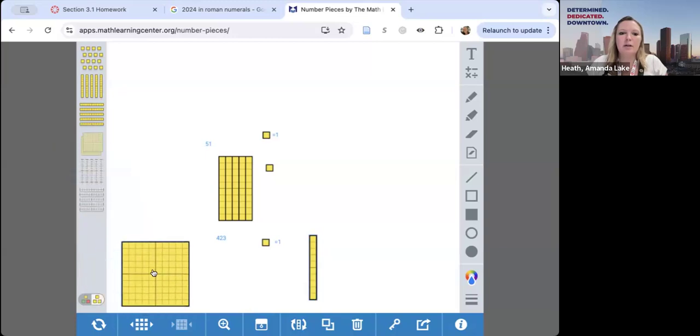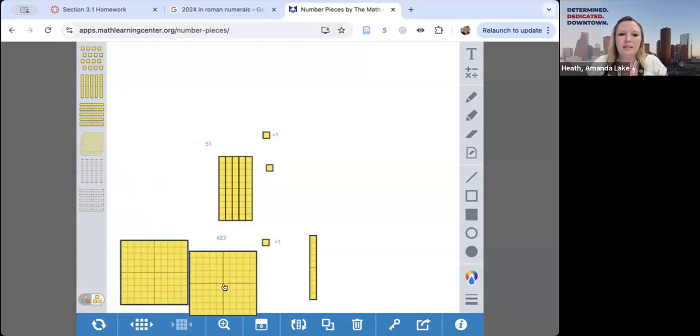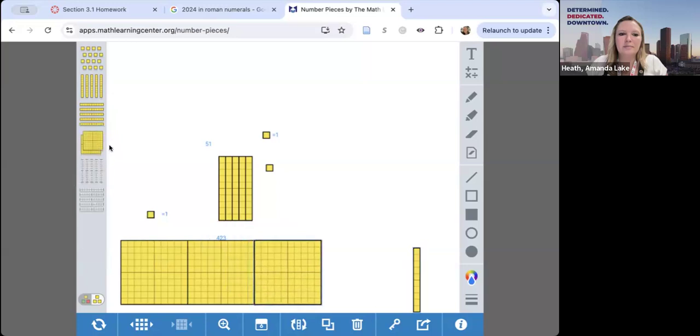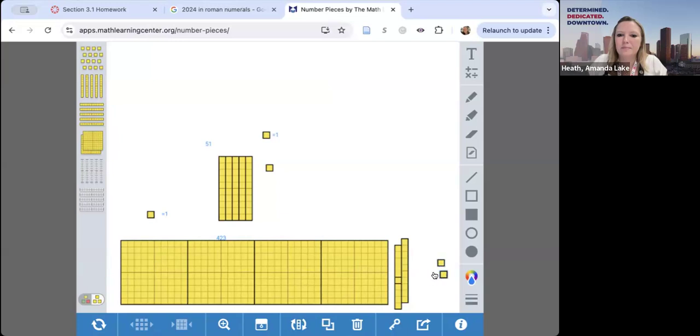So I need 400s, might run out of space here. Move my key over here. So I need 400s, 2 10s, and 3 1s. So this should represent 423.